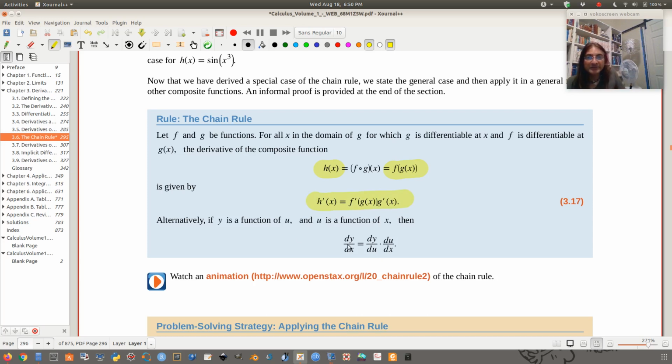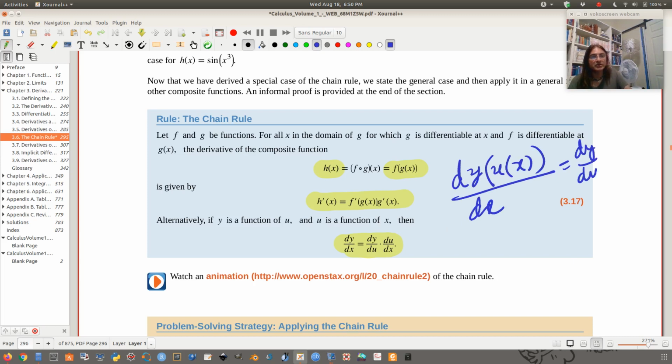Or in the Leibniz notation, if y is a function of u, and u is a function of x, and you want dy over dx, it is dy over du times du over dx.